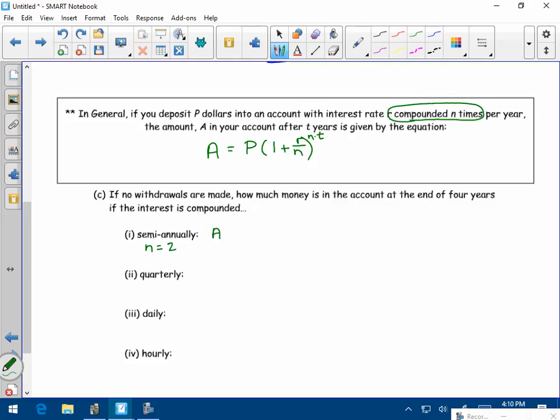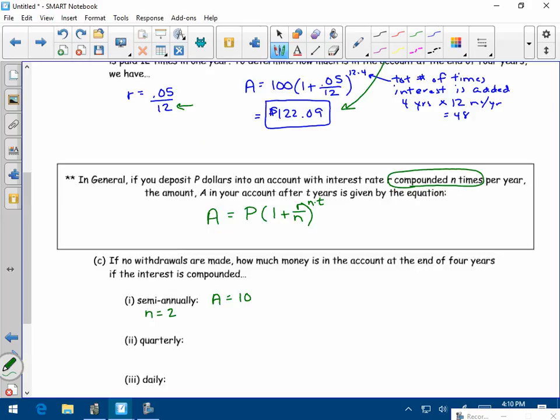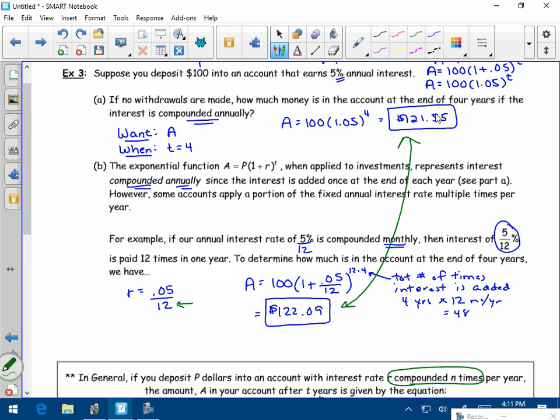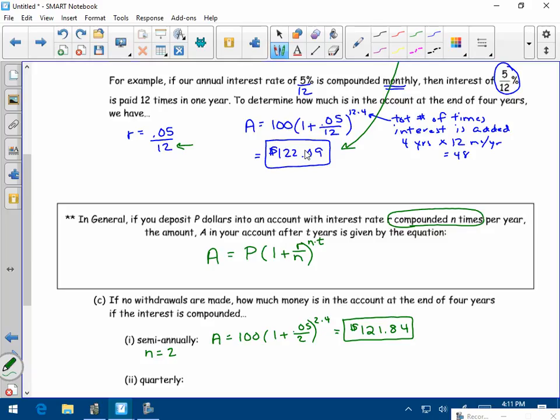So we'd have A equals same values from before, so 100 times 1 plus 0.05 over 2, raised to the 2 times 4 years. If I plug that in my calculator, that's about $121.84. So still slightly more than once a year, but not as good as 12 times a year.